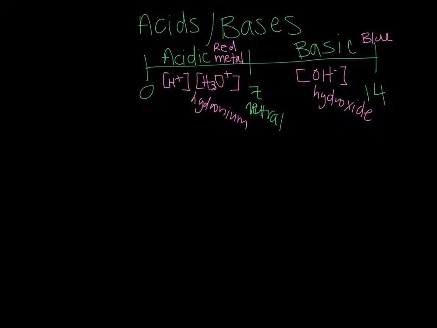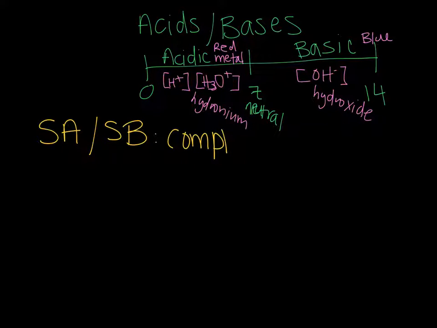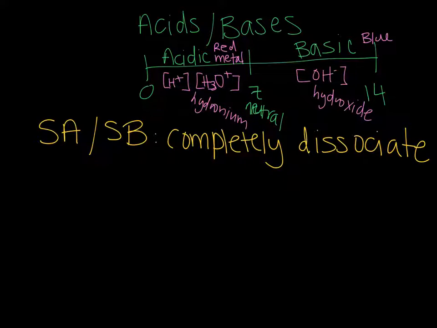Okay. Strong acids and bases. What makes them strong? They completely what? Dissociate. Good. Or completely ionize in solution, meaning they separate into the OH minuses and whatever metal they are with, and the hydrogen goes away from the anion.